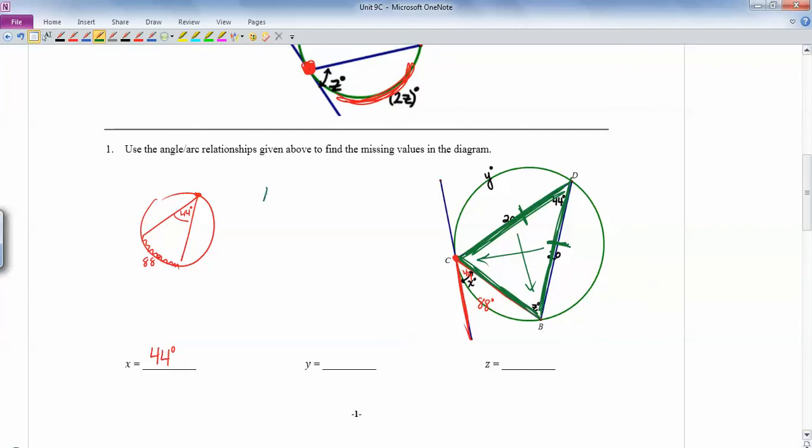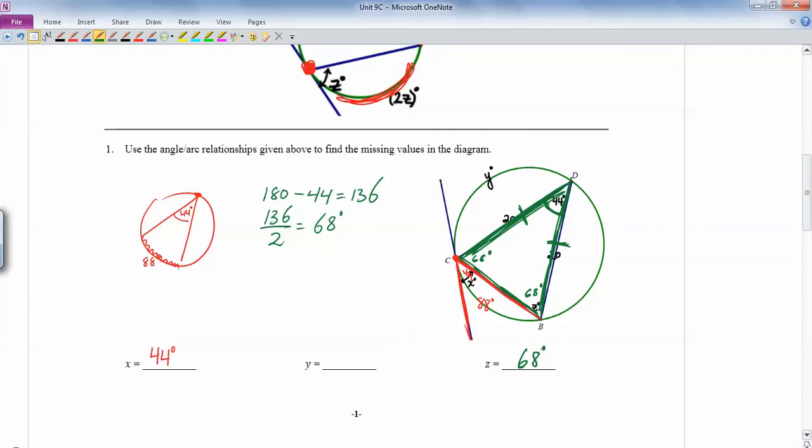So if I take the 180, which is up here, 180 and subtract the 44 up there, I'm going to get 136. And then I'll divide it by 2 to get each of those remaining angles. So that's going to be 68 degrees. So this angle is 68. Let me clear this up a little bit. This angle is 68, and this angle is 68. So Z is 68 degrees.